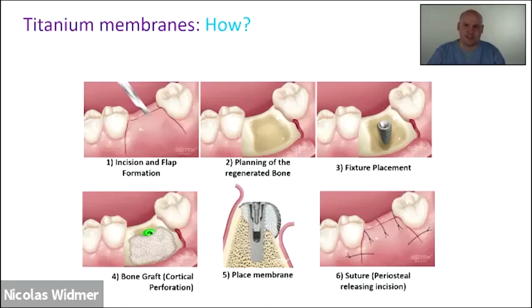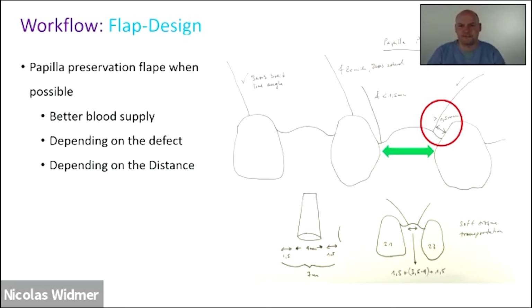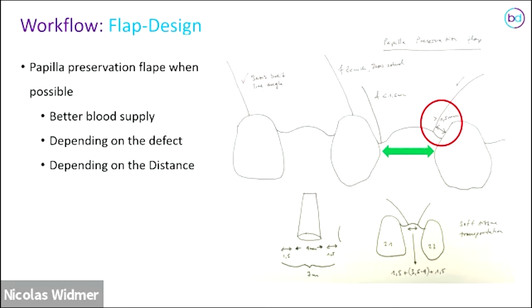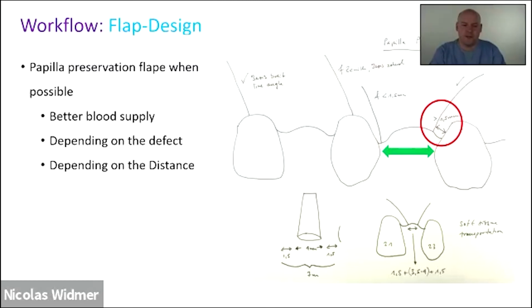Otherwise, you risk dehiscence. You can do papilla preservation flap if you have enough space, if you use a small titanium membrane. But when you do releasing incision and you pull the flap, then it's advisable to do a shape like this.